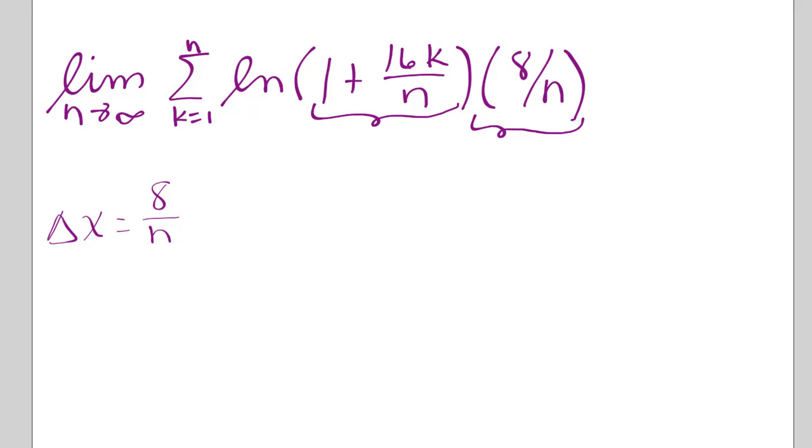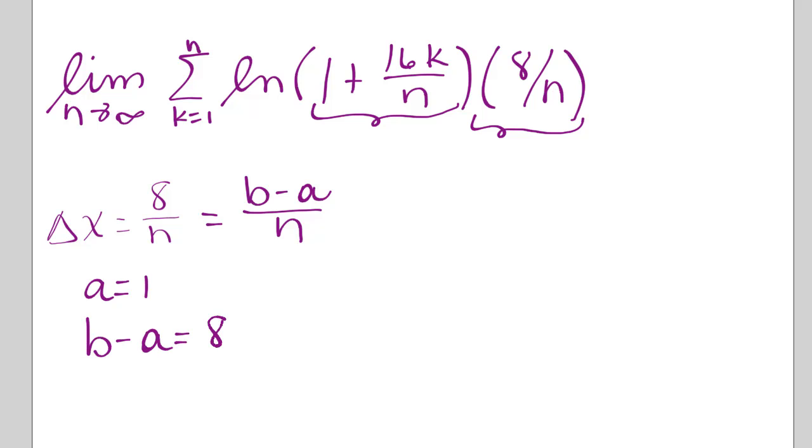So let's just say A is equal to 1. And of course, we know that delta x is B minus A over N. So we're saying B minus A is equal to 8. If A is 1, then B has to be 9. Let's say that all of this is right. We're still trying to figure it out.